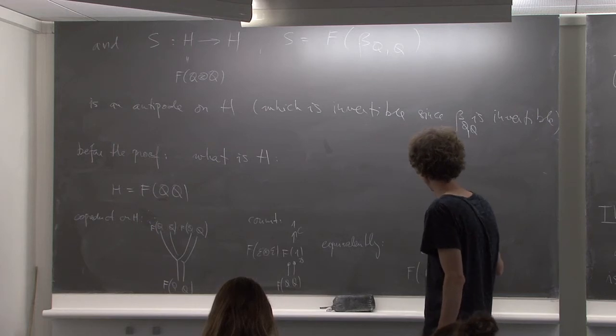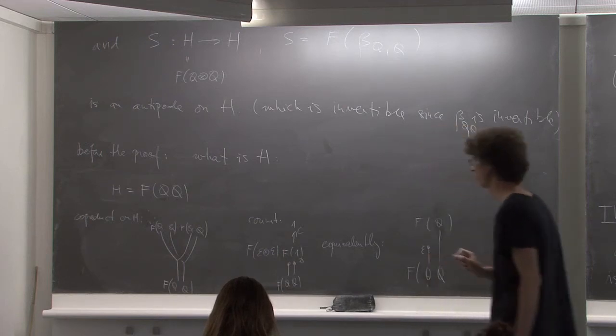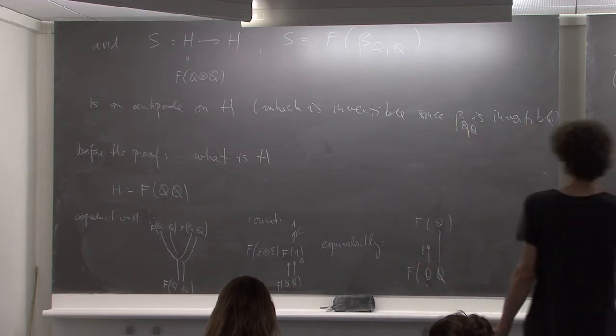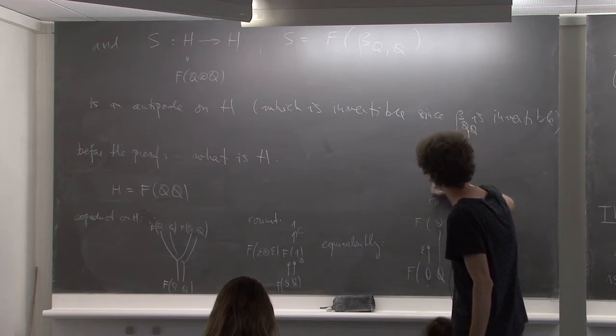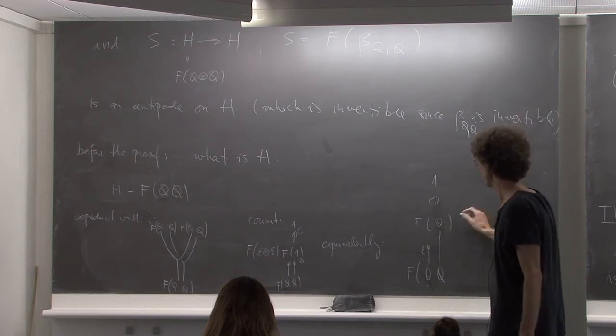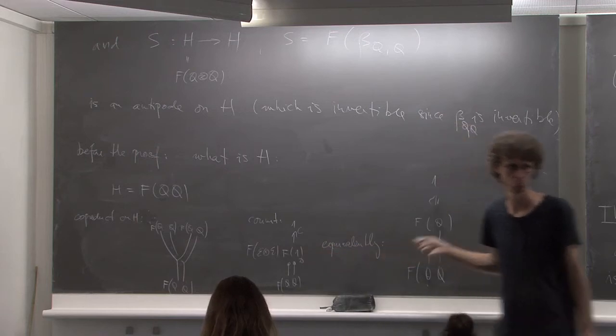So we apply the co-unit, then we get this guy, so we go to F of Q. But we understood that this thing is actually isomorphic with 1 when this isomorphism is exactly given by applying co-unit.